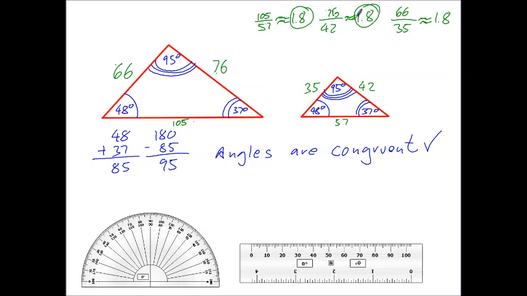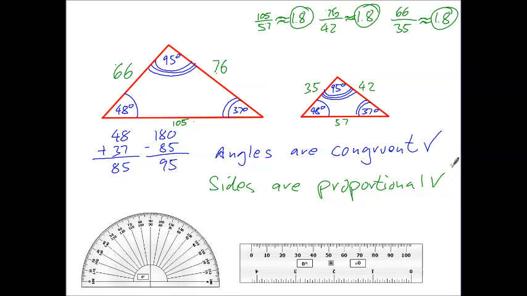These three ratios are the same, so we can say that all our sides are proportional. Check. So with all our angles being congruent and all our sides being proportional, we can indeed now say that these two triangles are similar.